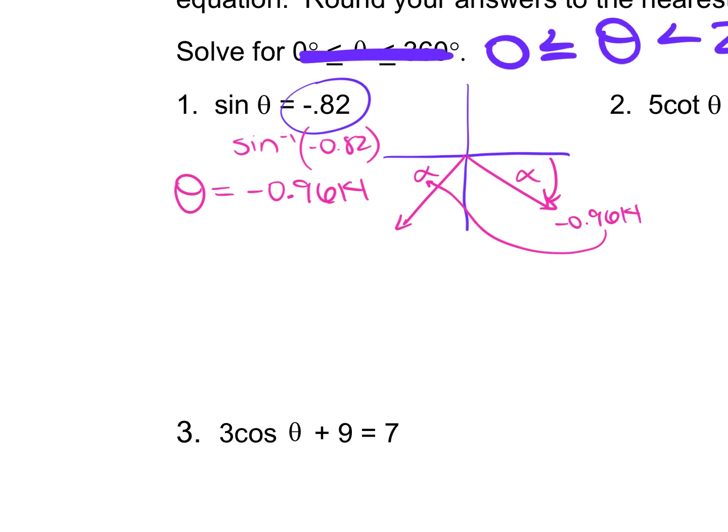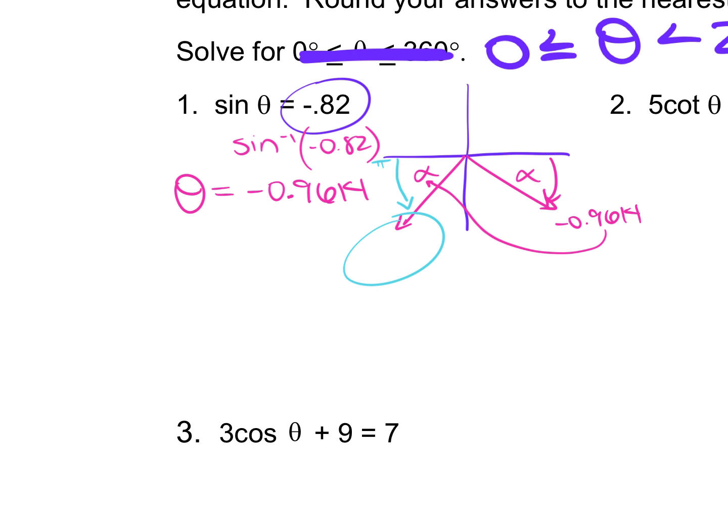So if you remember reference angles a little bit from chapter 6, if that is pi, what am I going to do with pi in that reference angle to find that answer? Add them, because I'm going forwards in amount of rotation. So if I take in my calculator pi plus 0.9614, not the negative.